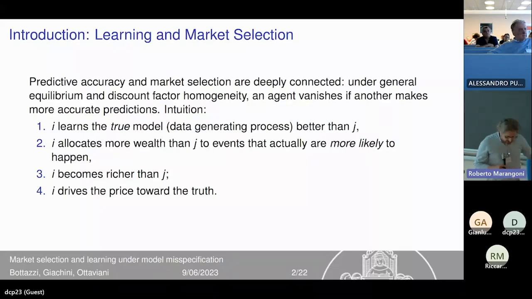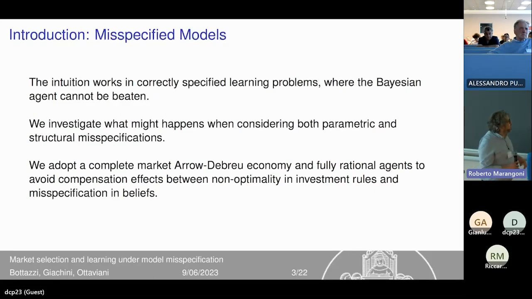If this takes place, and this is actually the point, if the learning of agents takes place in a well-defined situation in which the truth can actually be learned, then this is what happens. But the question is, what happens if instead we consider a situation in which the models used by agents are misspecified, which means that the reality, the true model that drives the dynamic of the system, cannot be learned.